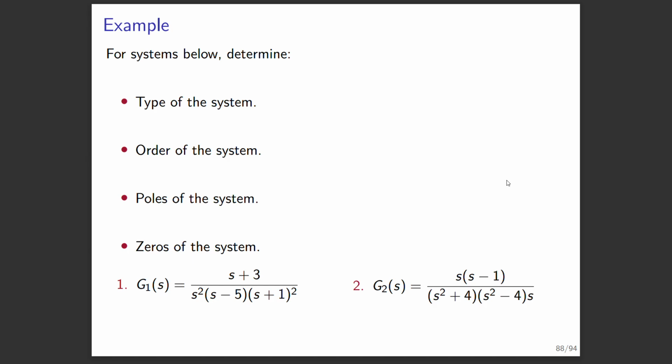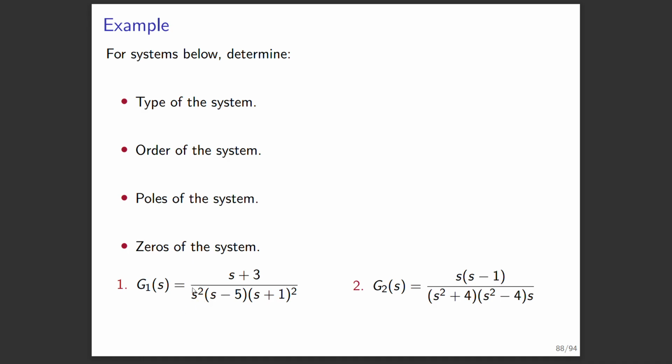All right, another example. For the following systems, find the type, order, poles of the system, and zeros of the system. Think about it. For this system, what's the type? Type was the number of poles at the origin, or s equals 0. 2, right?